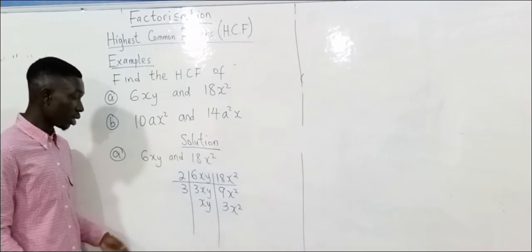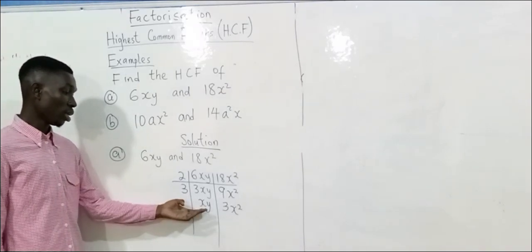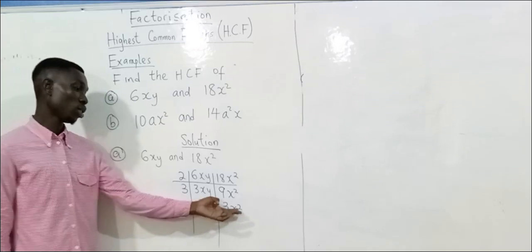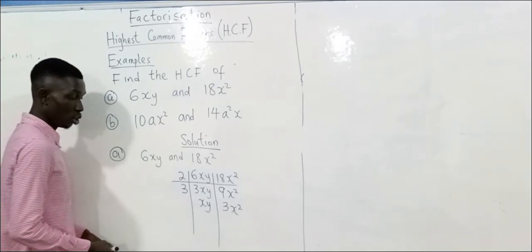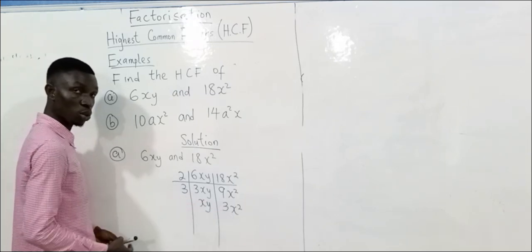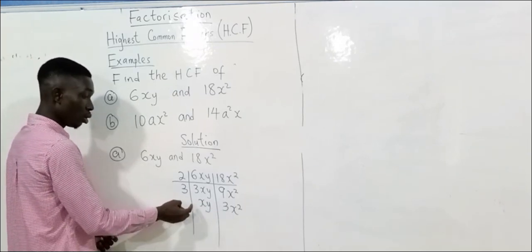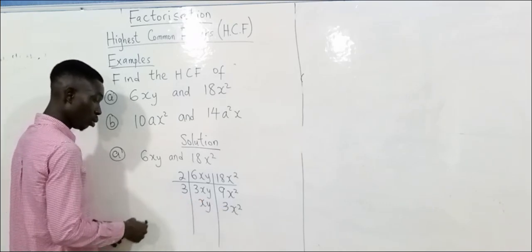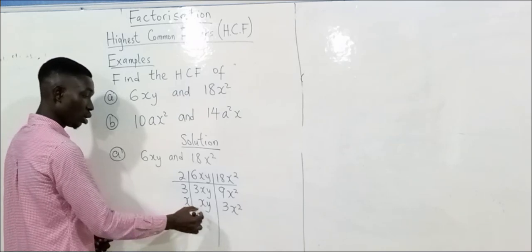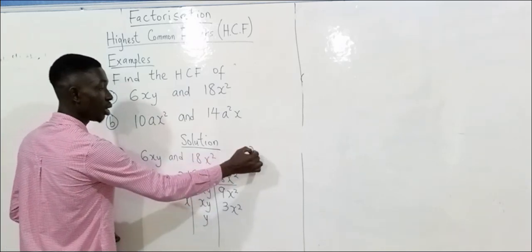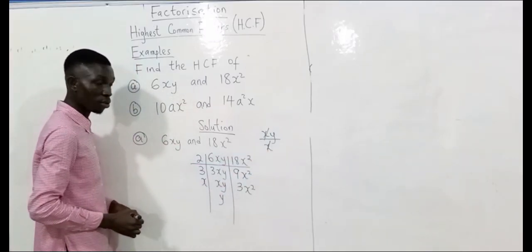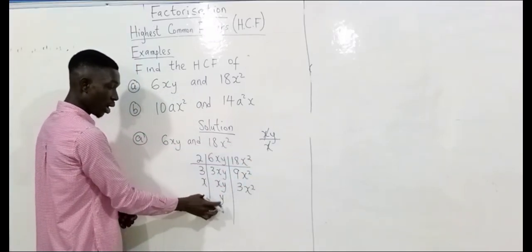At this point, we look at what can divide xy and 3x squared. A number cannot divide anymore, so we use the alphabet. We have x here, so x can go. So xy divided by x, we are left with y.